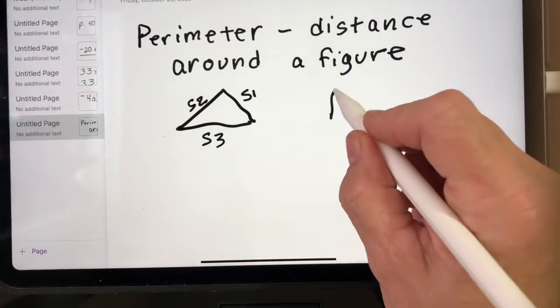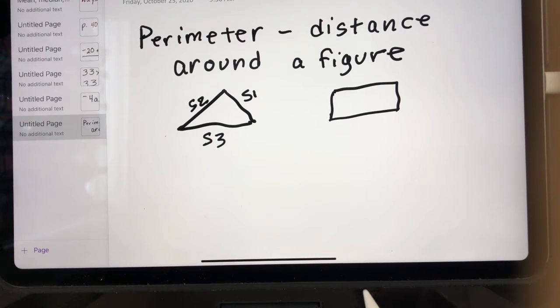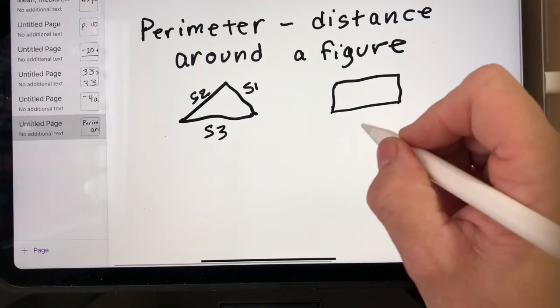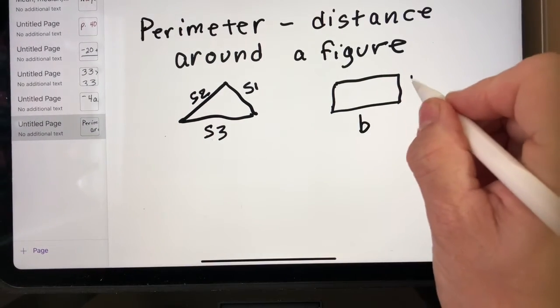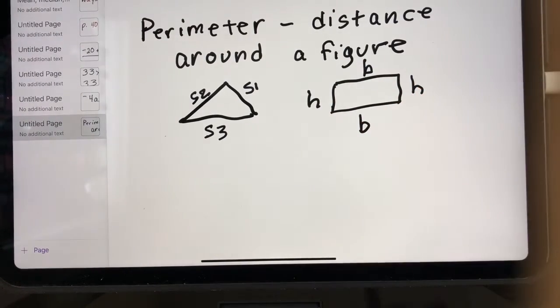What if I had a rectangle, and I were measuring all the way around? For the perimeter, you would add all sides. So this is the base, this is the height, this is the base too, and this is the height too, because they're the same since it's a rectangle.